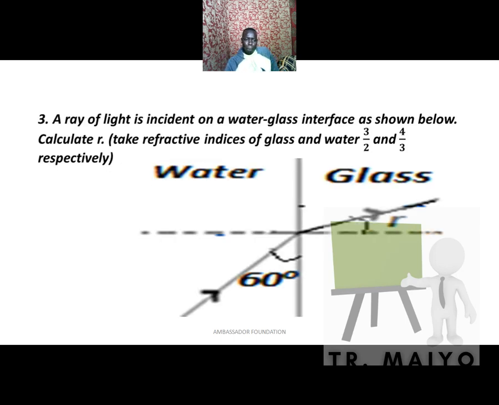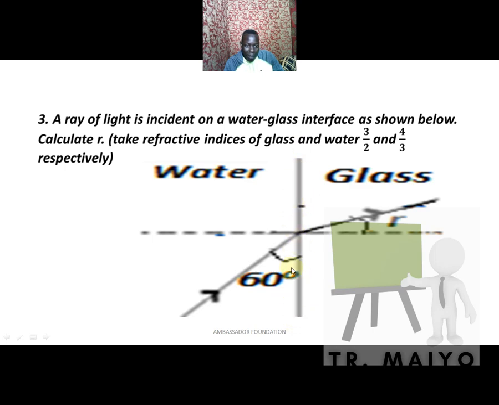There's another one here. You have the refractive index of glass, and you have the refractive index of water. Where I want you to be very keen is this line, the one the yellow pointer is running through.